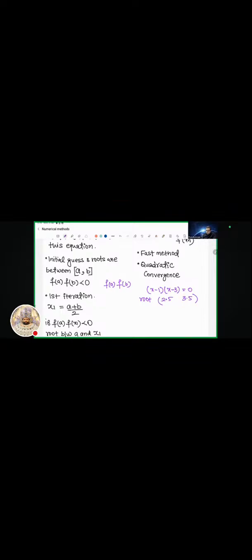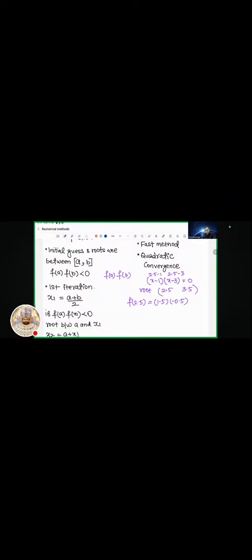So what I will do is I will find my function at 2.5. I put 2.5 here and 2.5 here. So what do I get? 1.5 into minus 0.5. Similarly, I put my function at 3.5. So this will be a negative number.